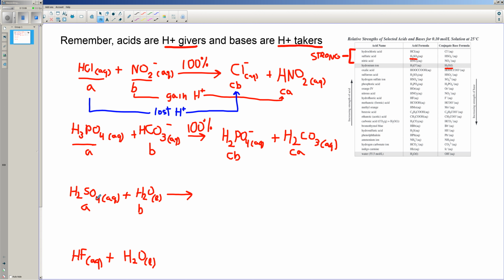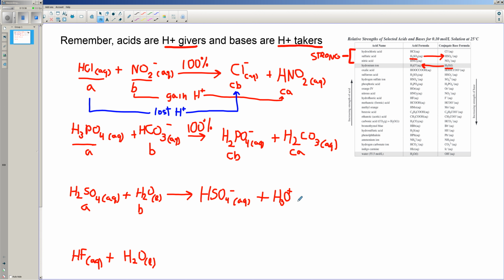H2SO4, when it reacts, becomes HSO4 minus, and that's aqueous. And H2O, when it is protonated, in other words, when it gets an H+, it becomes H3O+. That's our good old friend, the hydronium ion.